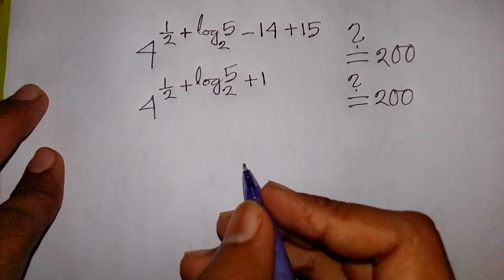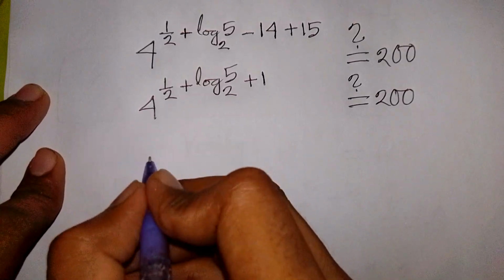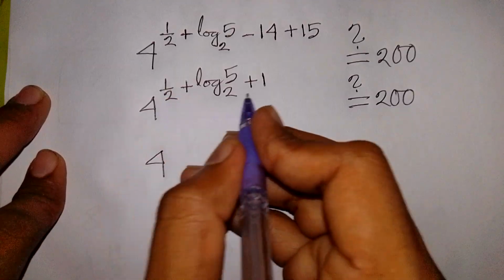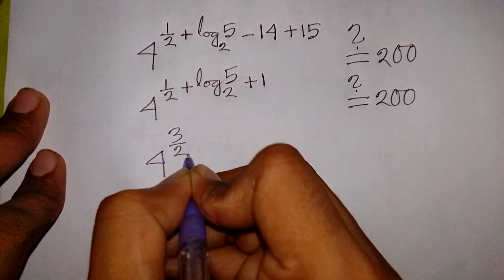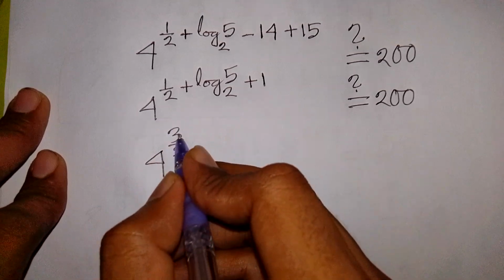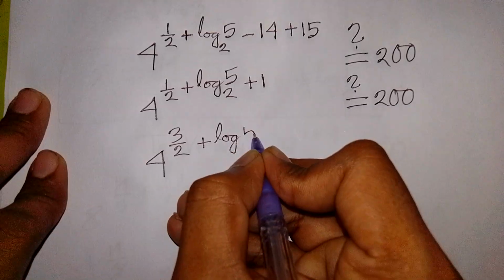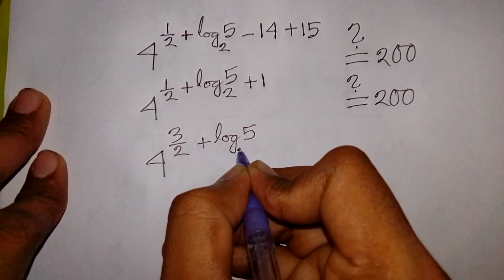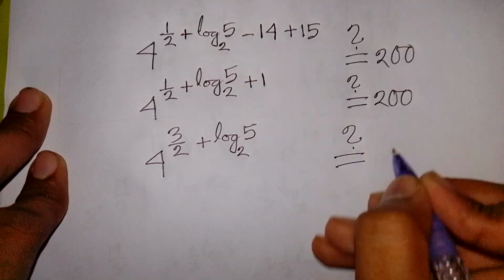In the next step, 4 power of 1 by 2 plus 1, that means it will be 3 by 2 plus log 5 base 2. Then here, is it equal to 200?